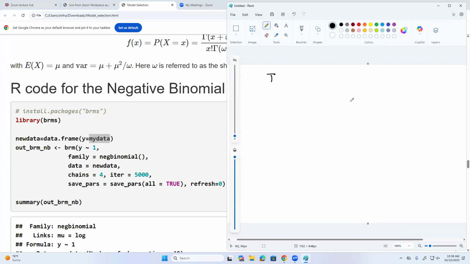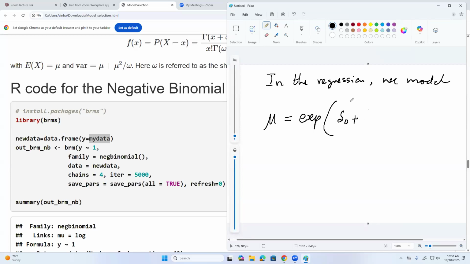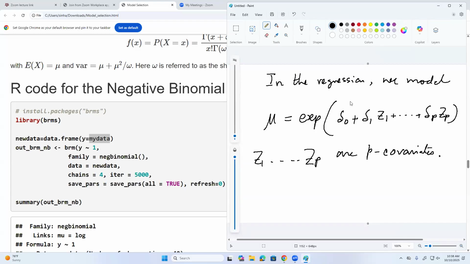In the regression, we model mu as exp of delta 0 plus delta 1 z1 plus ... plus delta p zp. z1, z2, ..., zp are p covariates, and y is the outcome variable.